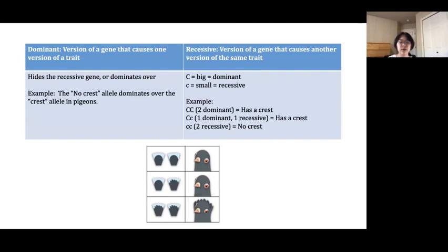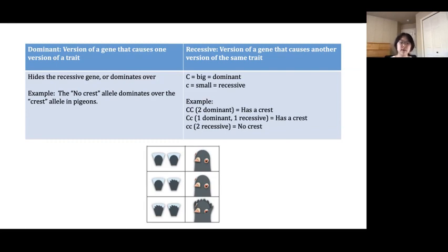What dominant genes are is that they are the version, or an allele, that causes one version of a trait. And what dominant alleles do, they're kind of mean. They hide the other gene, or they dominate over it. For example, going back to our pigeon example, if one parent has no crest and the other parent has a crest allele, because the no crest is dominant, it will basically hide the crest allele, so the baby bird will not have a crest.